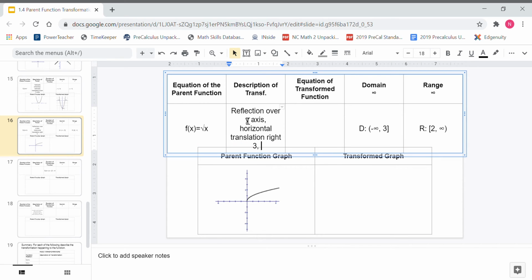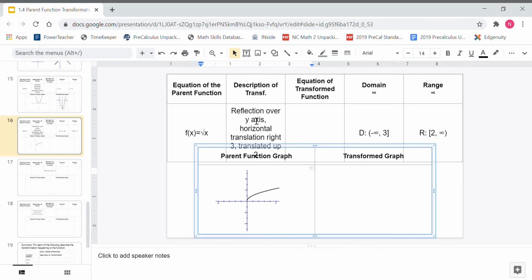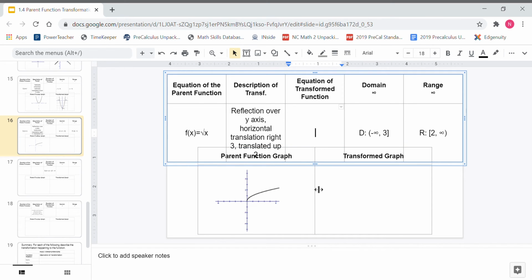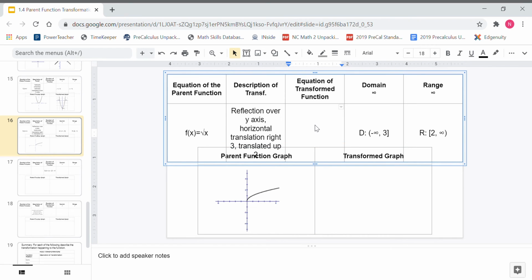And then if my range is 2 to infinity, I know that it has been translated up 2, because originally we start at 0. And so my equation of the transformed function will be, I'm going to copy and paste the square root over here.